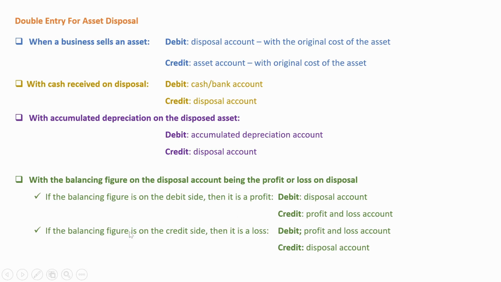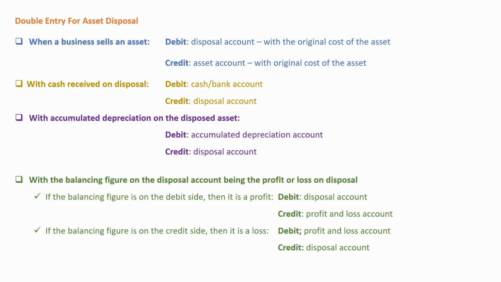But if the balancing figure is on the credit side, then it is a loss. If it is a loss, you are going to debit profit and loss account and credit disposal account. Those are the entries for asset disposal.